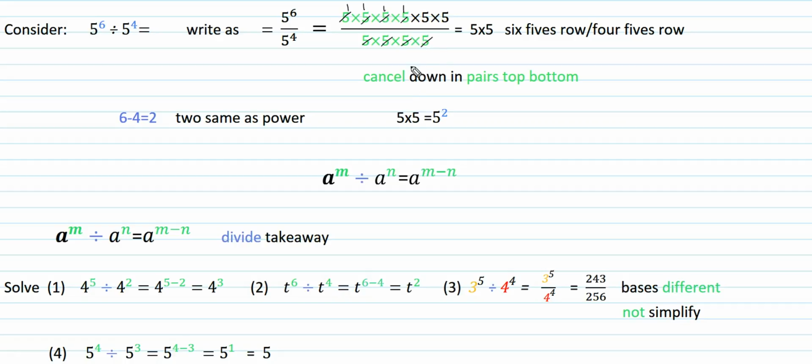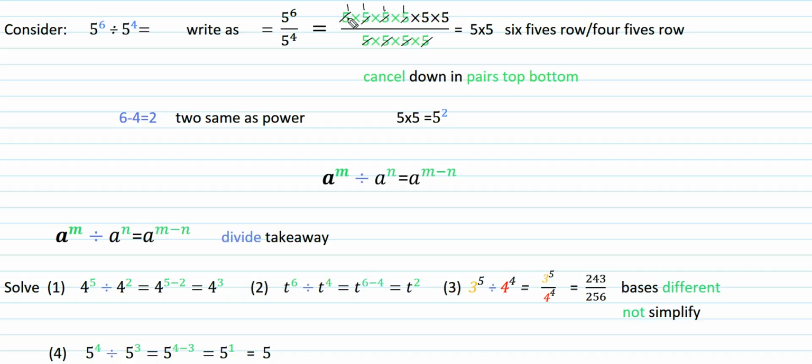Okay, now we cancel down in pairs, top and bottom. So this pair with this is one pair. We say 5 into 5 is 1. Another pair, 5 into 5 is 1, 5 into 5 is 1, and 5 into 5 is 1.